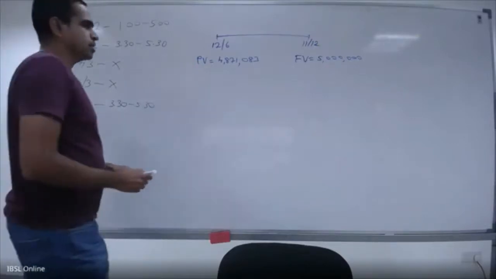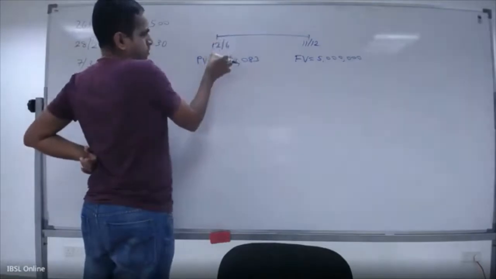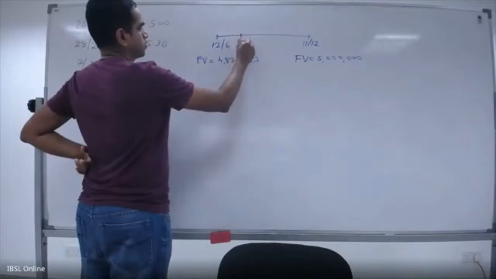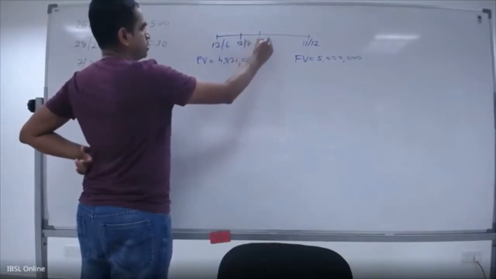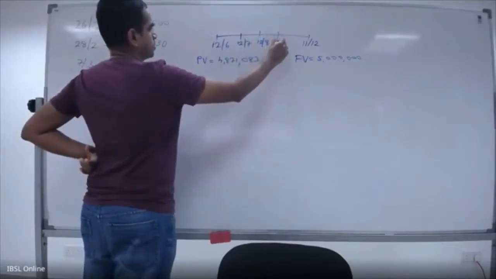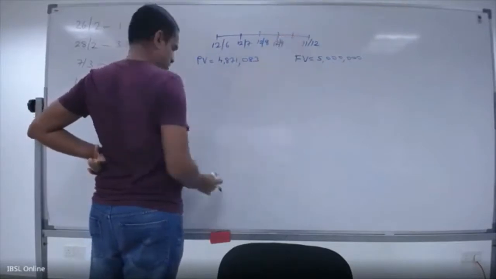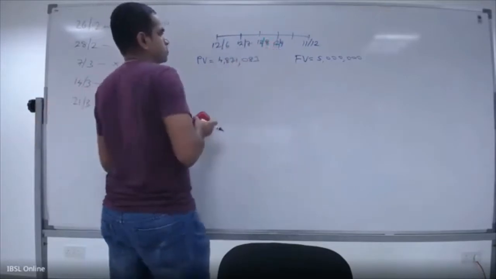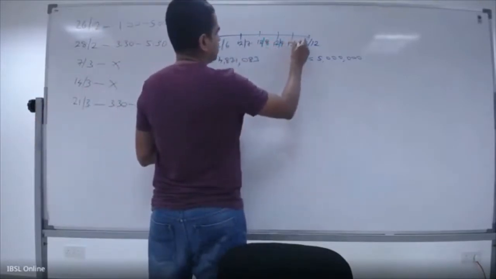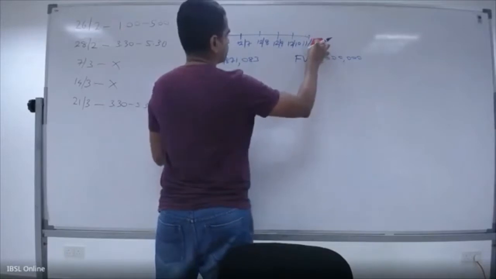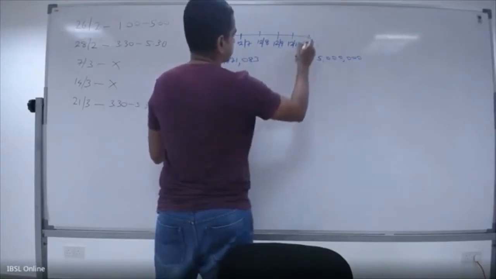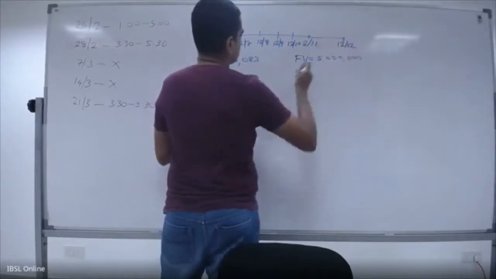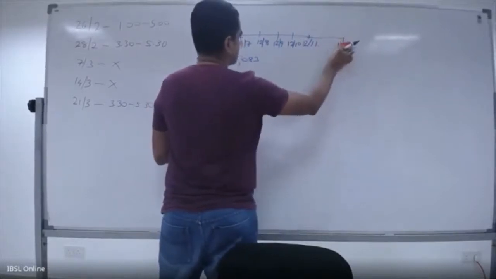So the first thing is to figure out how many days between 12th June and 11th December. 12th July, 12th August, 12th September, and sorry, I'm running out of space. So let me extend this a bit. 12th October, 12th November, and 12th December. So it's 11th.